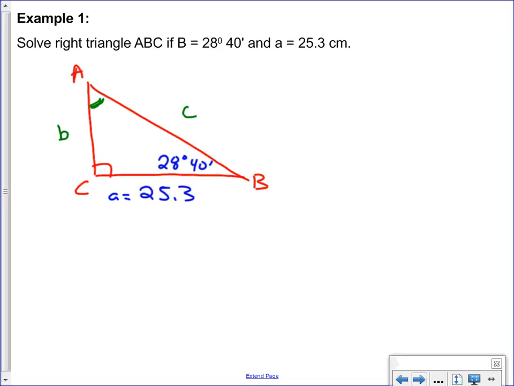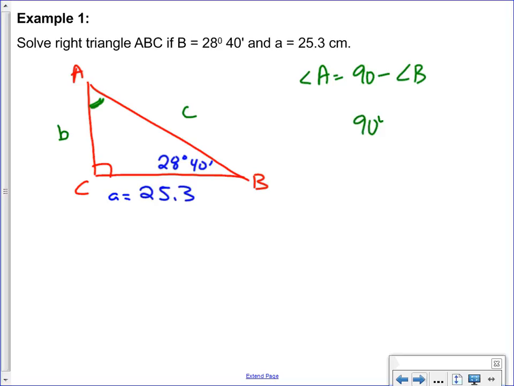It's the easiest thing to find, the missing angle, because we have 2 out of the 3. To find angle A is just 90 minus angle B. Angle B is in degrees, minutes, and seconds.